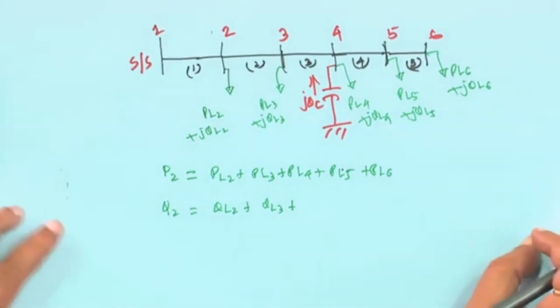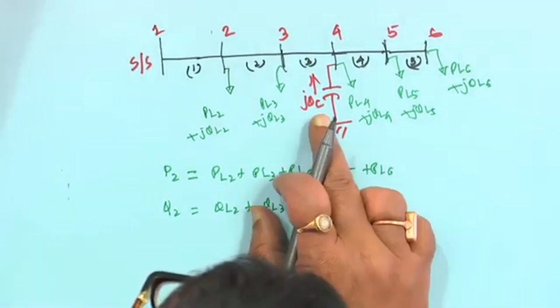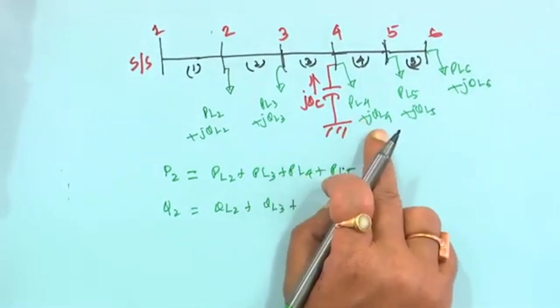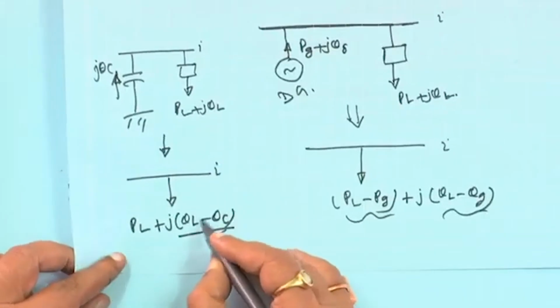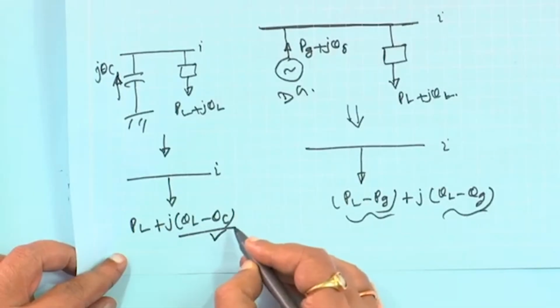I just told you that everywhere QC is connected, it will be PL plus jQL minus QC.